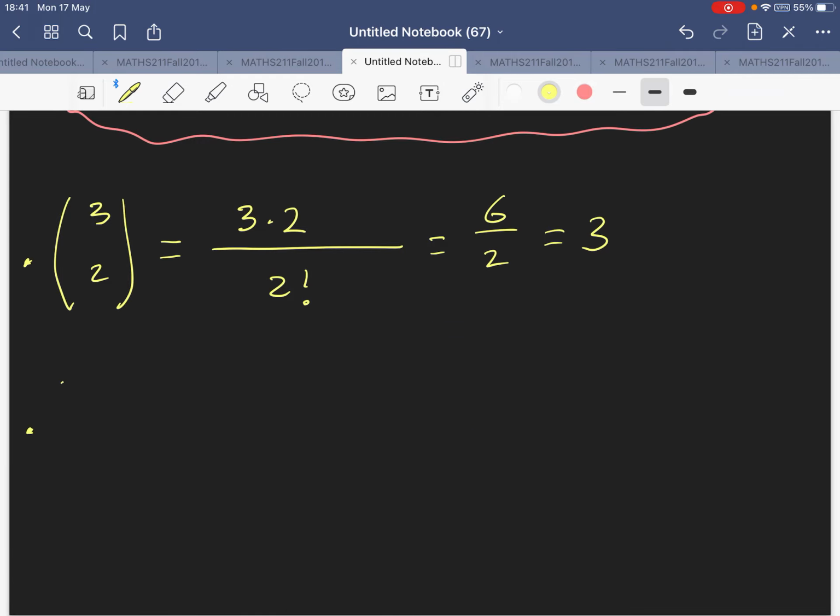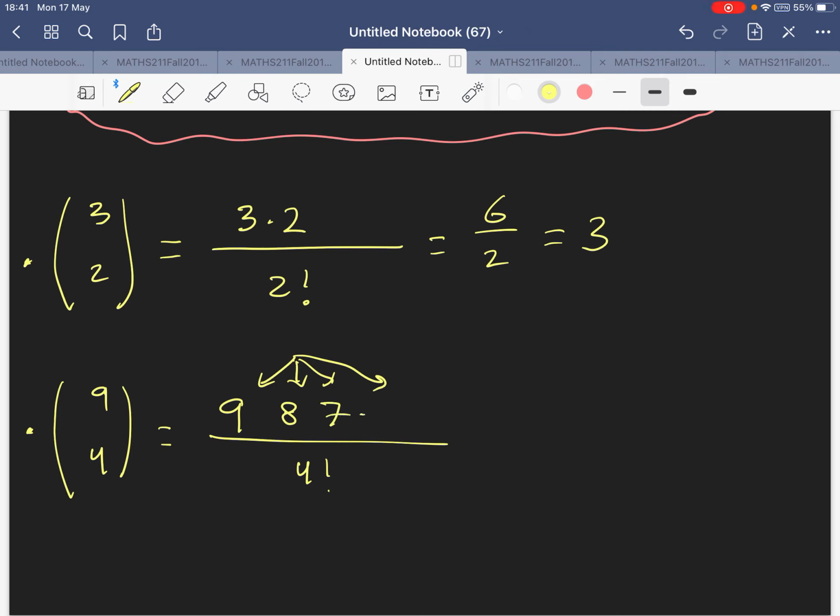Now, let me do another one. 9 choose 4. Same thing. Here we have 4 factorial, and on top you need 4 terms, starting from 9 and going down. So 9 times 8 times 7 times 6. Whatever the number is, do it in your calculator, and that's the answer. Now let me do maybe 1 over 2 choose 5.